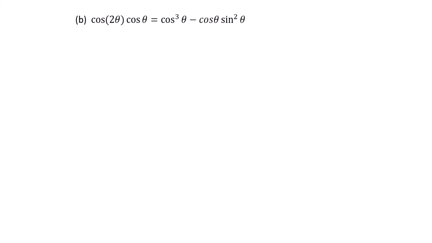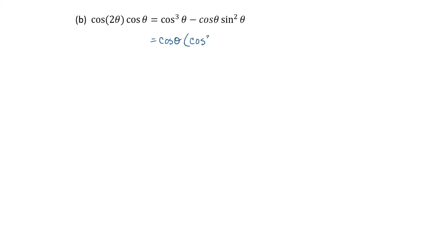Cosine 2 theta times cosine theta is equal to cosine cubed theta minus cosine theta sine squared theta. In this instance, I'm going to work on the right and see if I can simplify it into the left. So the first thing I see is that I could factor out a cosine theta.